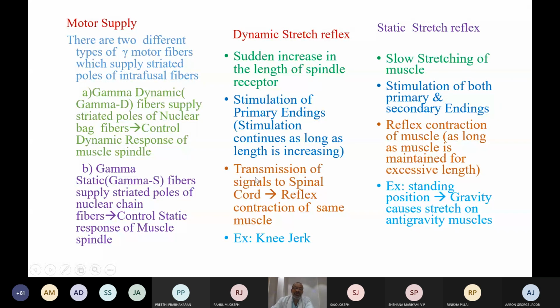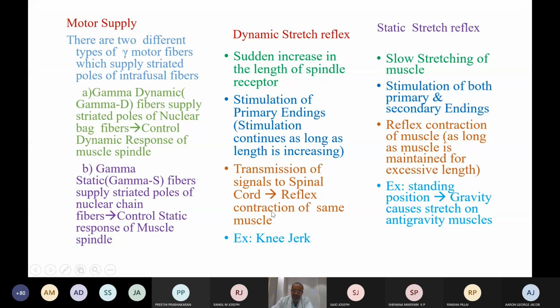Then transmission of the signal to the appropriate part of the spinal cord results in reflex contraction of the same muscle. For example, in the knee jerk, you apply a stroke on the tendon of the quadriceps femoris, causing contraction of the quadriceps femoris and extension of the knee joint or the leg.